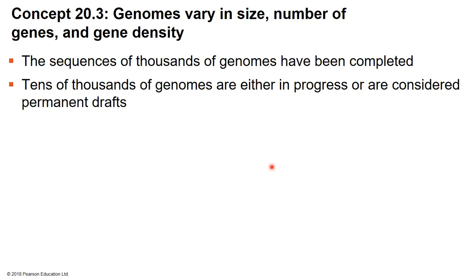The next concept in this chapter is about the properties of genomes from different organisms. Genomes from different organisms have different sizes, different numbers of genes, and different gene density.